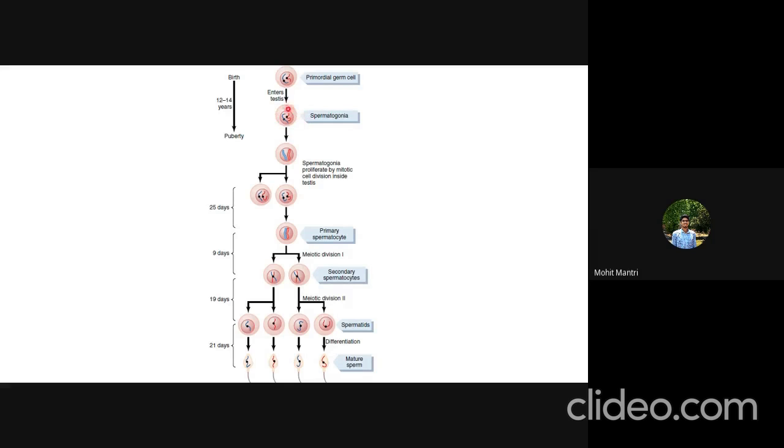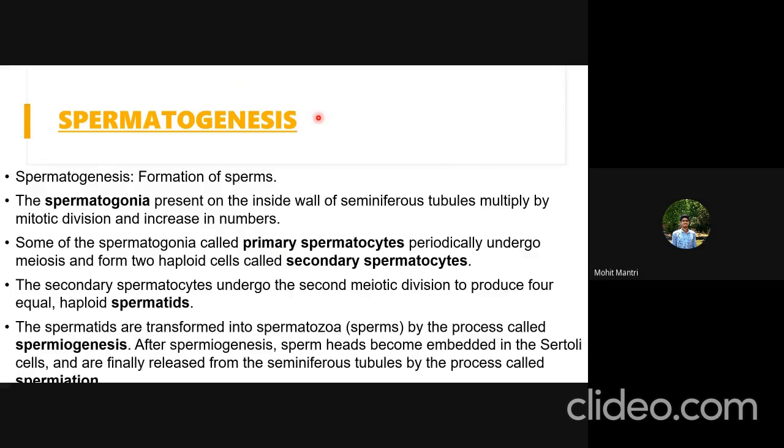These are the germ cells which will undergo meiotic division to form the gametes. These spermatogonia are present inside the wall of the seminiferous tubule. Initially they undergo several mitotic divisions and increase in number, and some of these spermatogonia will then cross the Sertoli barrier and become primary spermatocytes.